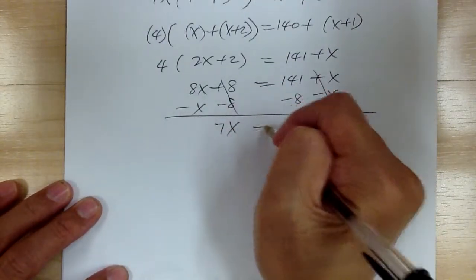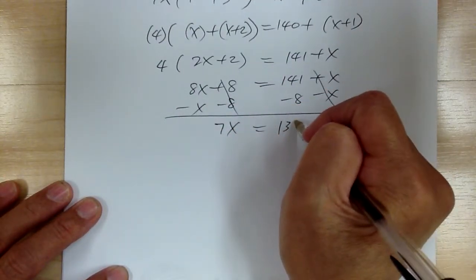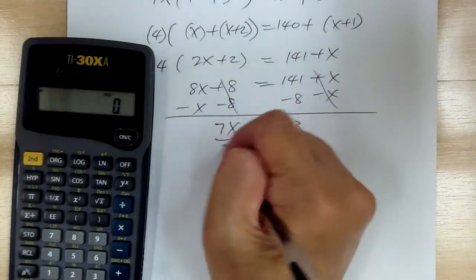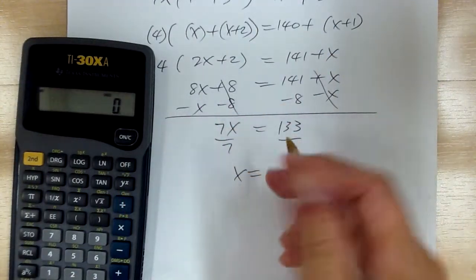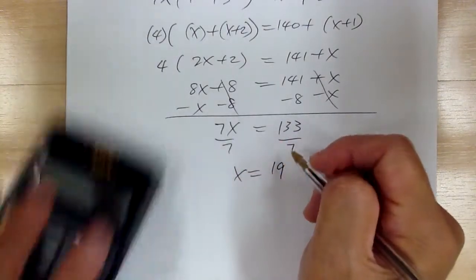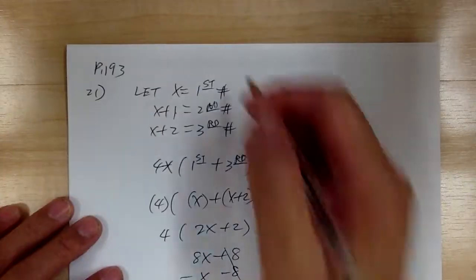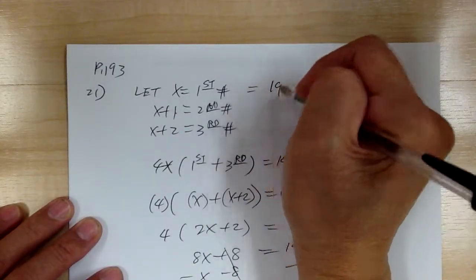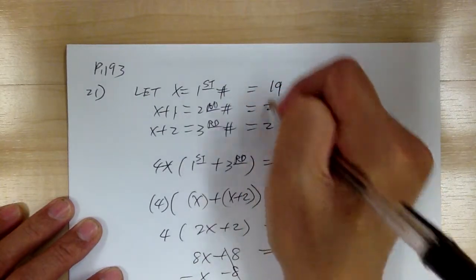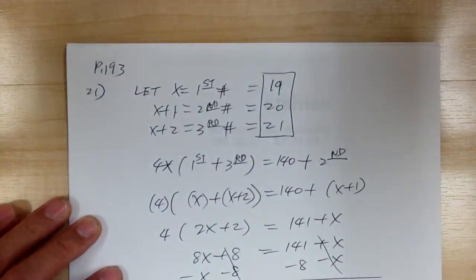So you got 7x equal to 133. Divide by 7, so x equal to 19. So once you find x equal to 19, you go up here, so it will be 19. Consecutive numbers go by ones, right? So it will be 20, and 21. Okay, so those are your three numbers.